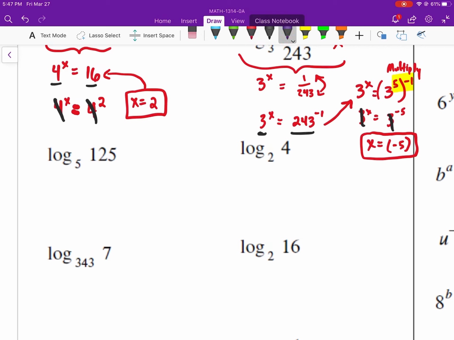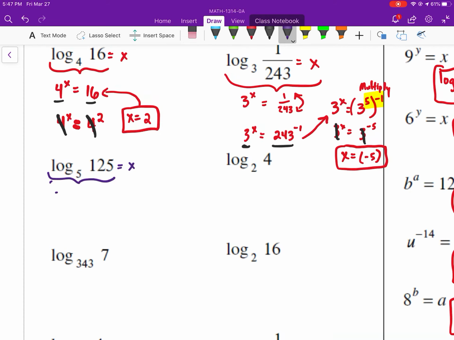Alright, let me move down here a little bit so we can see the next two. Alright, looking over here on my left-hand side, we have log 5 of 125. Again, we have to set that equal to x. Change that to exponential, so 5 to the x power equals 125.